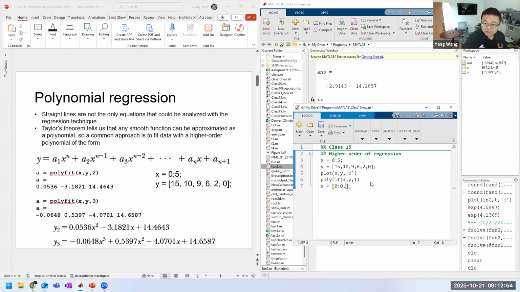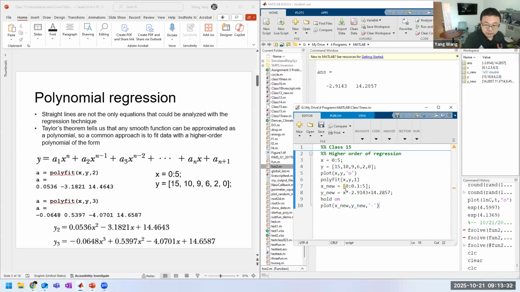Let's say separated by 0.1 until 5, x new, and then y new equals x multiplied by minus 2.9143 plus 14.2857. Okay, hold on. Plot x new, y new. And let's just use a line to represent the data.